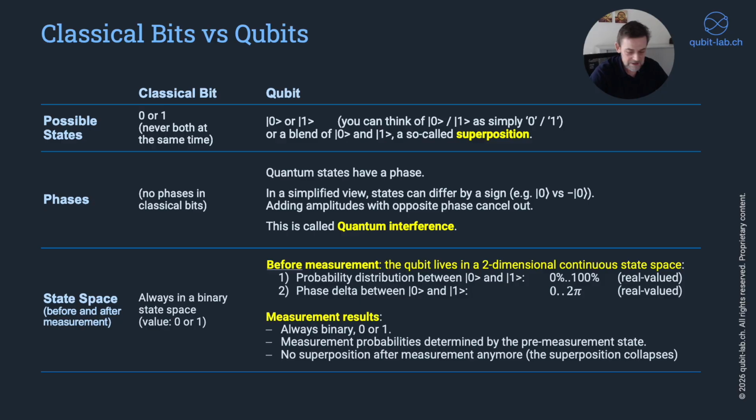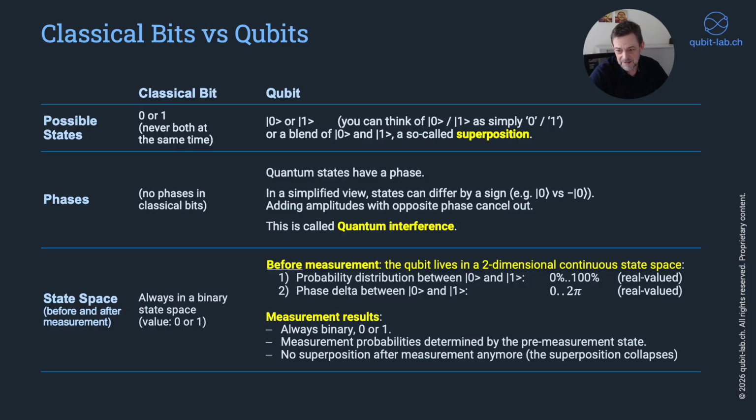That's an inner kind of degree of freedom of a qubit before measurement. And that can be between 0 and 100% for one state, and the other state is just 1 minus this probability, as you only have two states, and the measurement must be 0 or 1. It cannot be anything else.